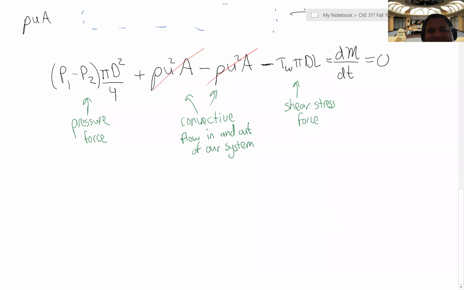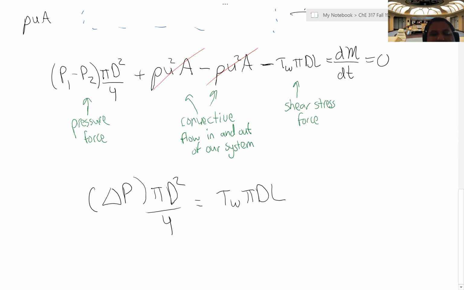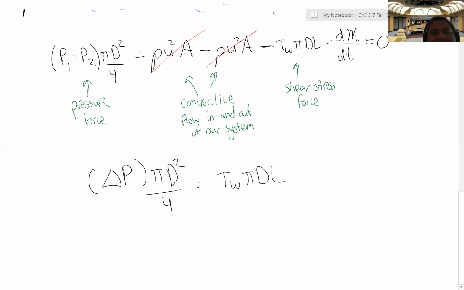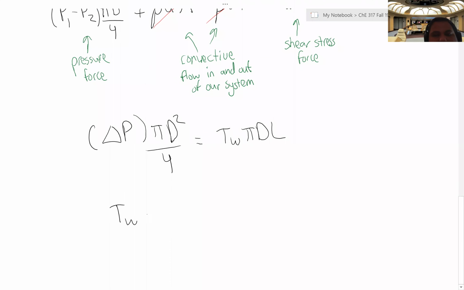Which means I can say P1 minus P2, which for simplicity let's just call delta P, times pi d squared over 4 has to equal the force resulting from shear stress. Which means if I want to solve for shear stress, I just divide by pi d L, and I'm left with delta P times diameter over 4 times L.